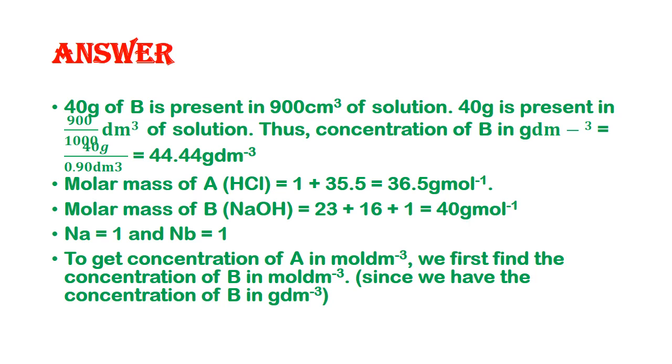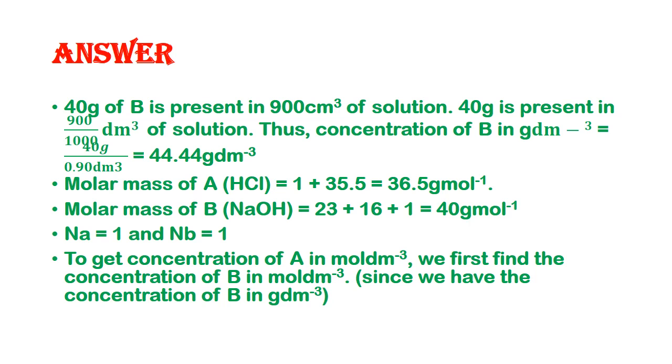Thus, the concentration of B in gram per dm cube will be 40 divided by 0.9, because the volume of the solution, when converted, is 0.90 dm cube. Am I communicating?